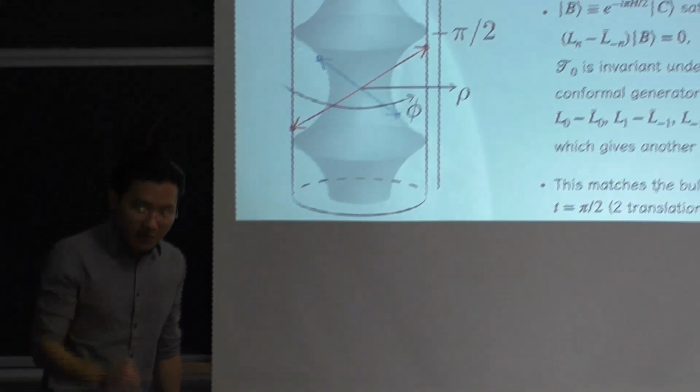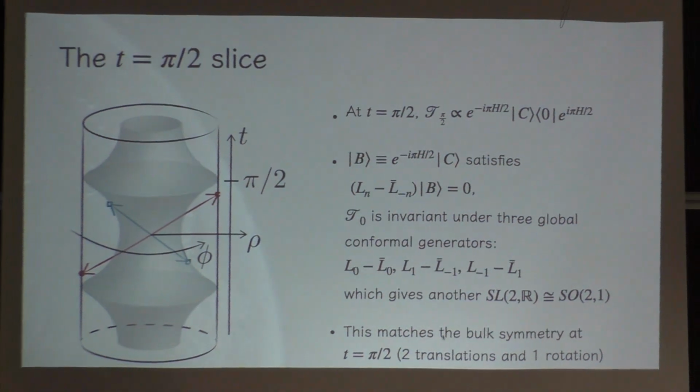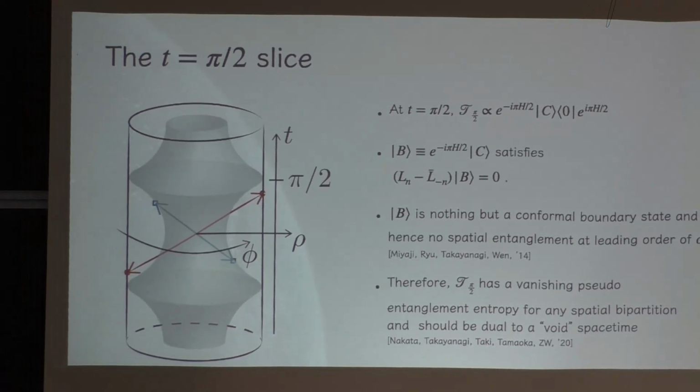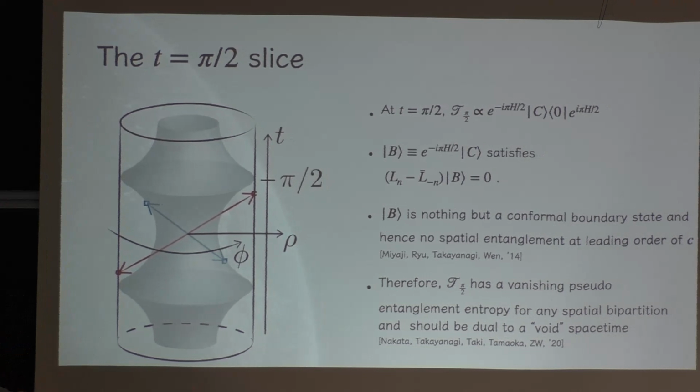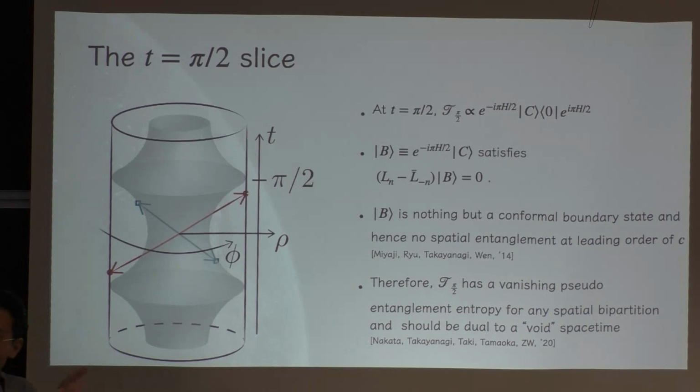So I will go back to John's question. There should be a signature on the boundary side, and let me explain what that signature is. At t equal to pi over 2, the end of the world brane hits the boundary. And I have explained that at that point, the whole thing should be described by a time-evolved crosscap state and a time-evolved ground state.